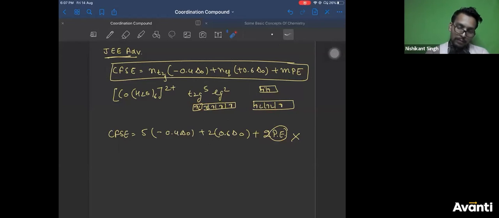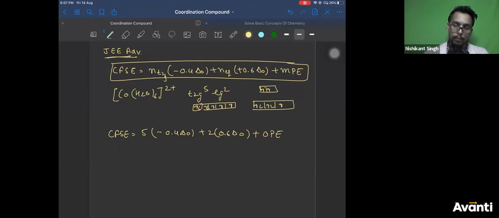Since there were two pairs already here, here also you have two pairs. So effectively there is no additional pairing while coming from here to here. Therefore, it should not be 2 pairing energy. It will be 0 pairing energy.